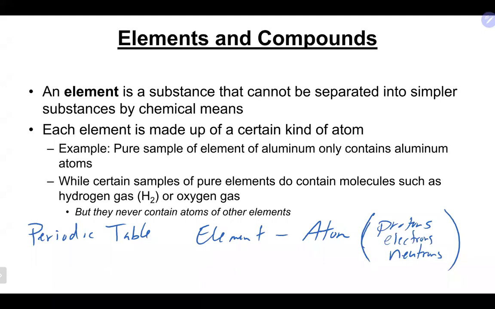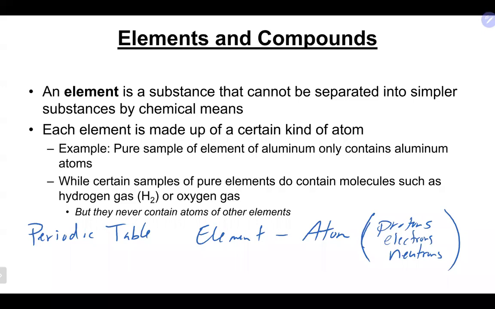So basically every element's representation is an atom, which has those different parts. Now, some atoms or elements are made up of what are referred to as molecules. So some elements come naturally as basically two of them together.